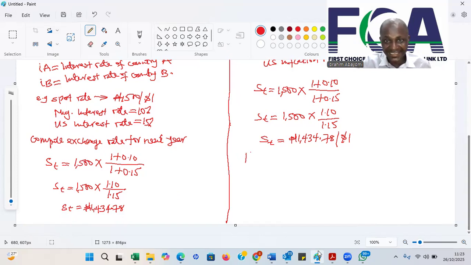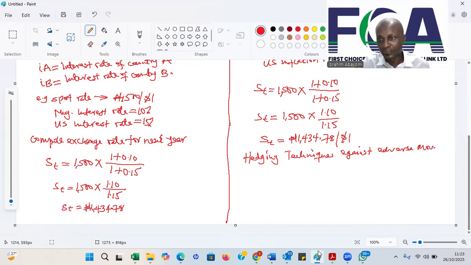Now, I will call it hedging techniques against adverse movement in exchange rate.